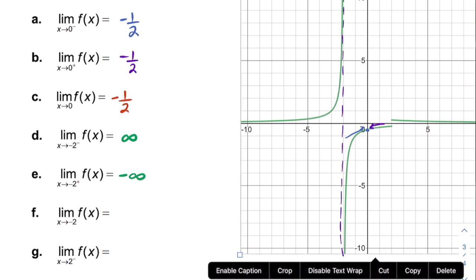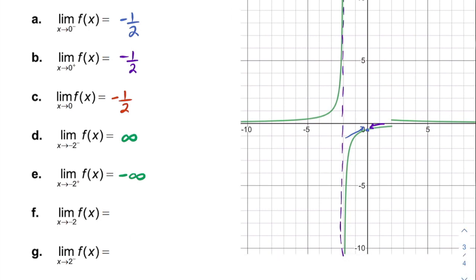For one thing, the limit from the left and from the right don't equal numbers. So they don't exist, they go to infinity and negative infinity. And they're also going to different infinities. One is going to positive infinity, one is going to negative.